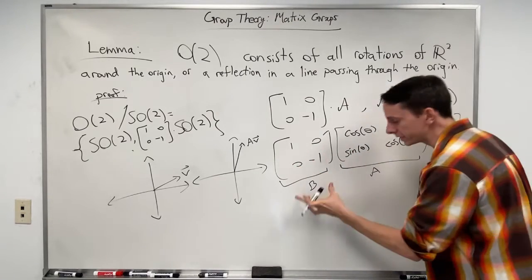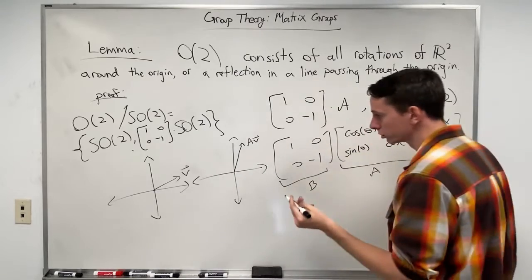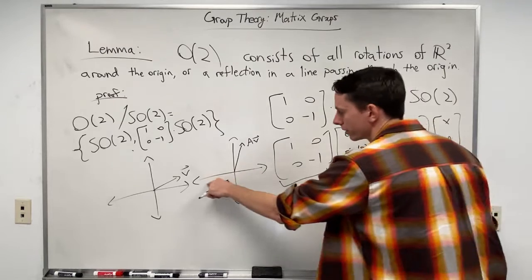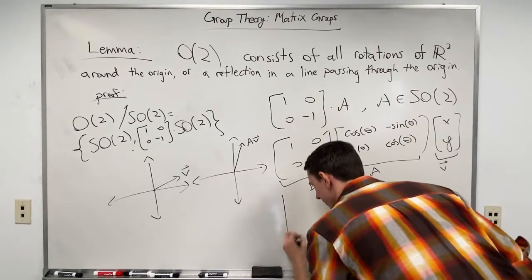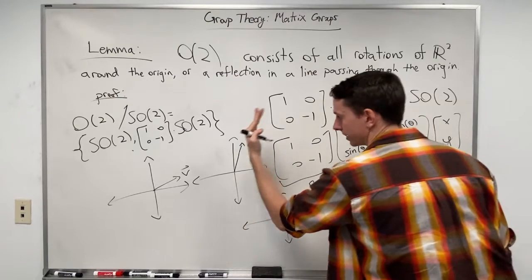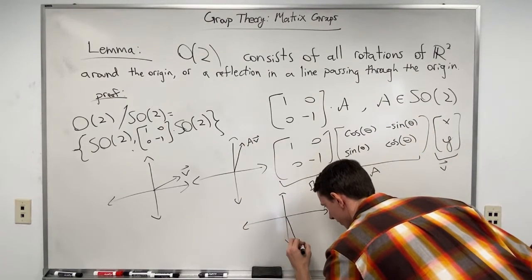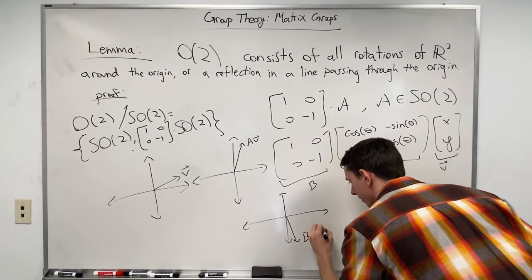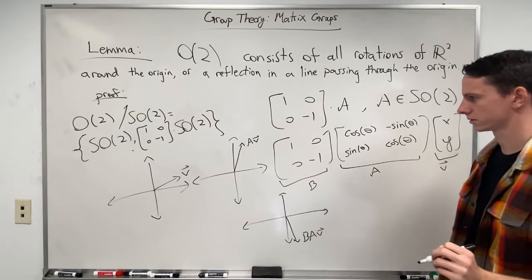Then when we apply B to it, that will reflect it, just like what we said, about the x-axis. So now the new vector, instead of being like this, it's going to look like this. And this vector right here is B times A times V. Okay.